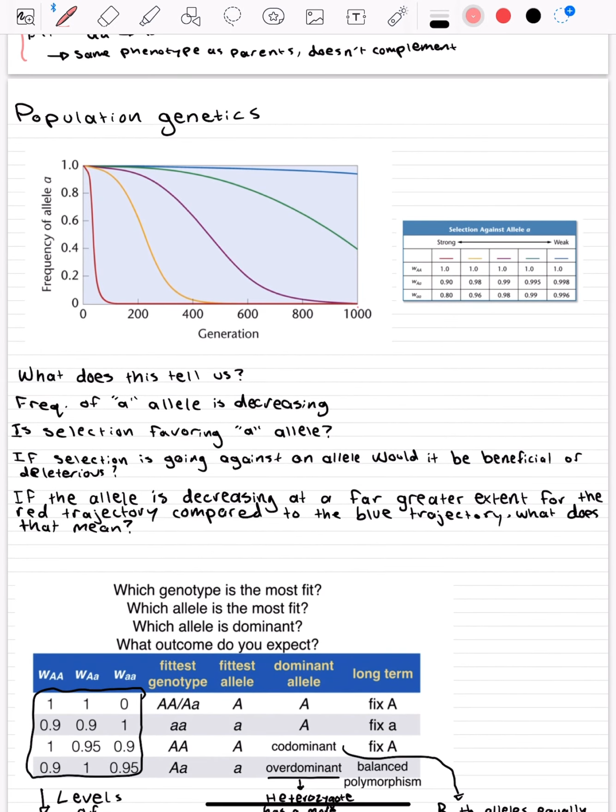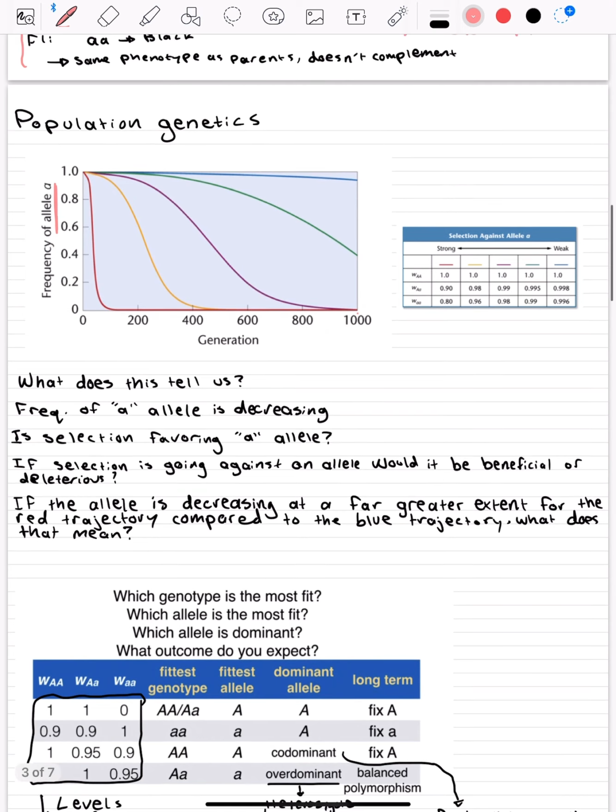Now here we're given a graph. On the y-axis, we have the frequency of allele little a. On the x-axis, we have the generations that pass by, going up to 1,000. Right off the bat, what does this tell us? So this right here is telling us the frequency of this allele, little a allele, in the population over time.